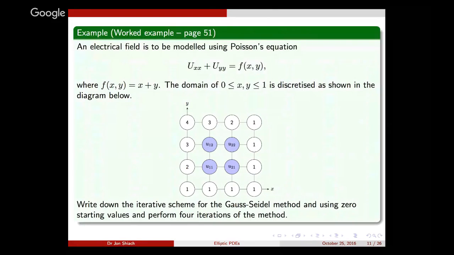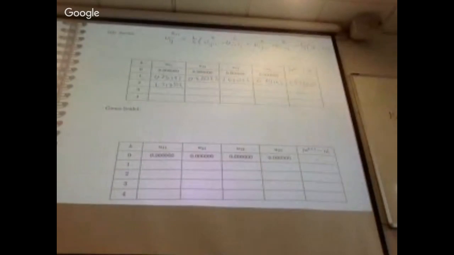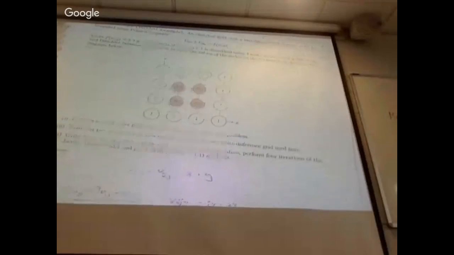Okay, so last week we had a worked example. This week I want to do something similar, and this is on page 51 onwards.